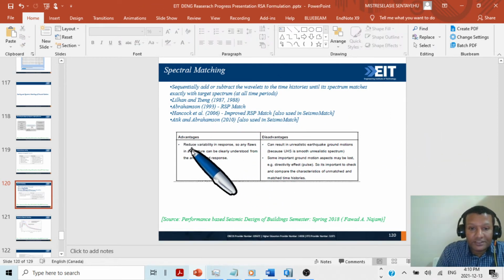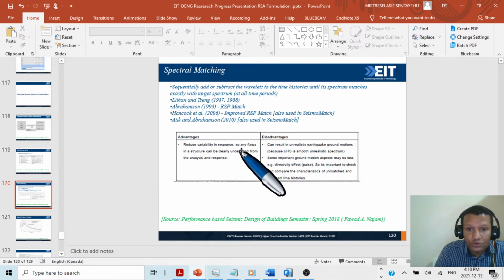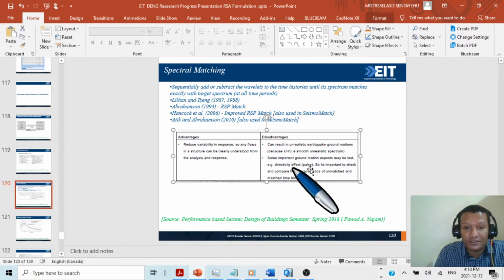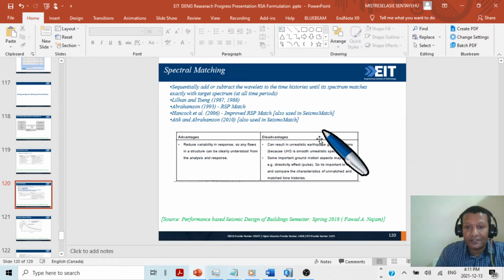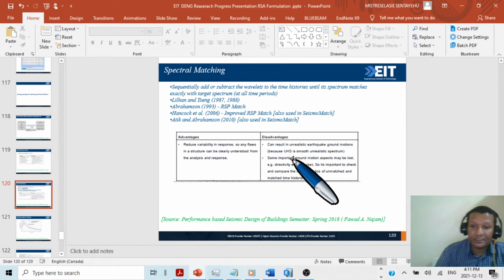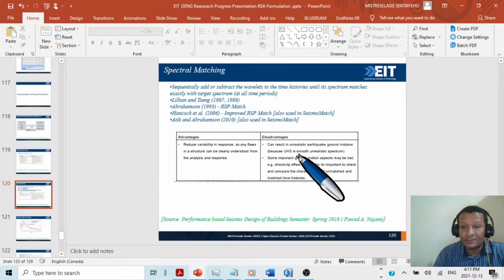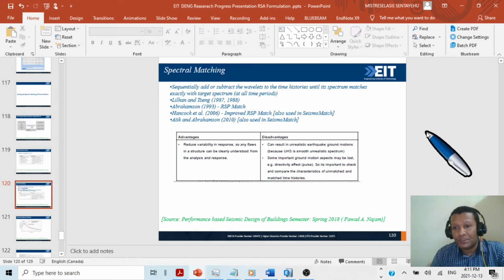So the advantage is reduced variability in response. Any flaws in the structure can be clearly understood from the analysis and responses. We will see that at each time step we will find the response. Disadvantage: it can result in unrealistic earthquake ground motion, because the uniform hazard spectrum is a smooth, unrealistic spectrum.